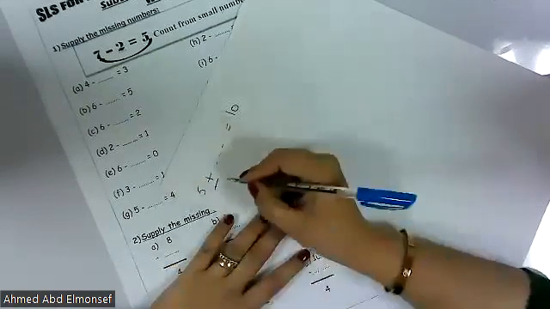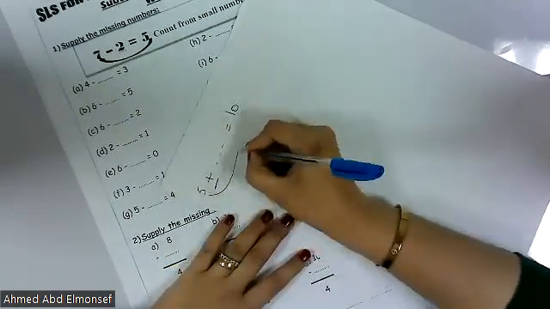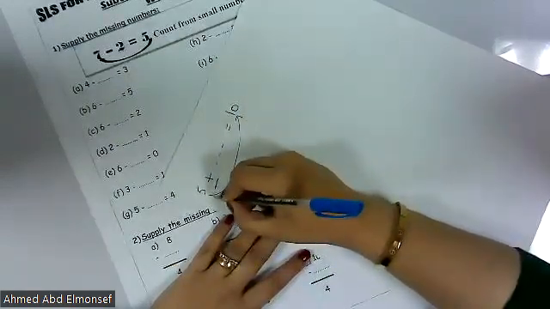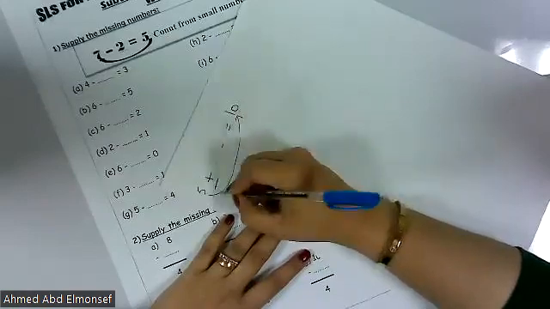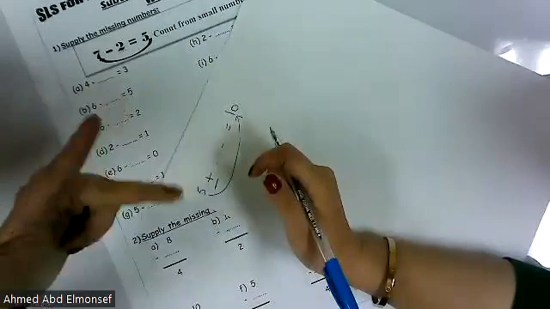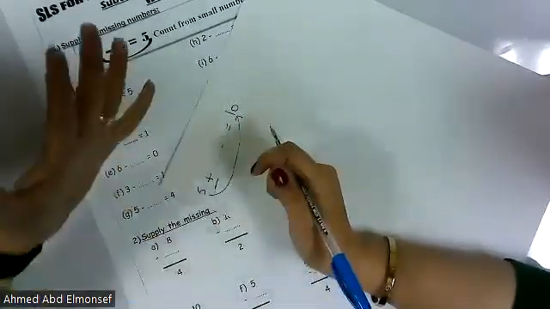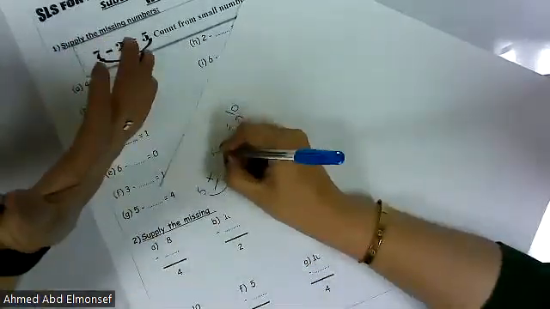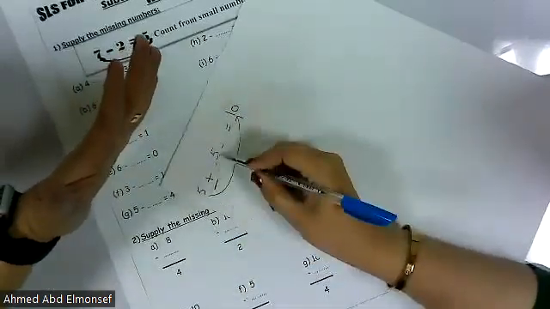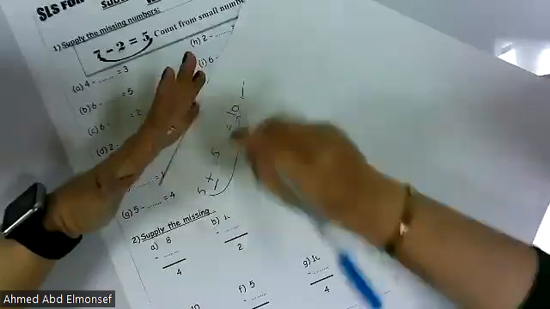So we are going to make 10 minus 5. We are going to count from the small number till we reach the big number. So what comes after 5? 6, 7, 8, 9, 10. So we are going to write number 5. So 5 plus 5 equals 10.